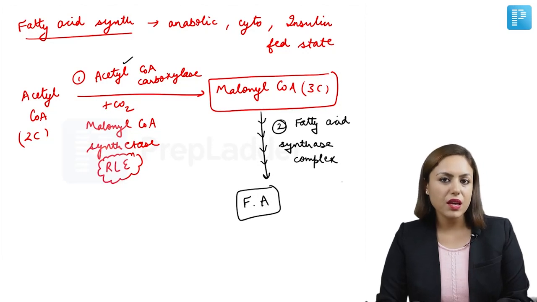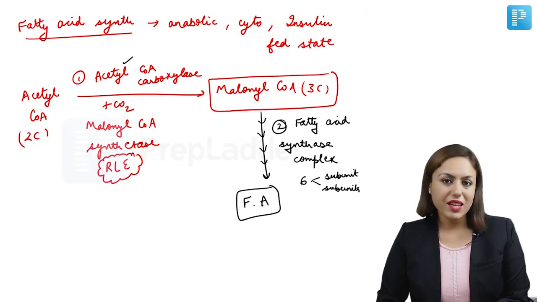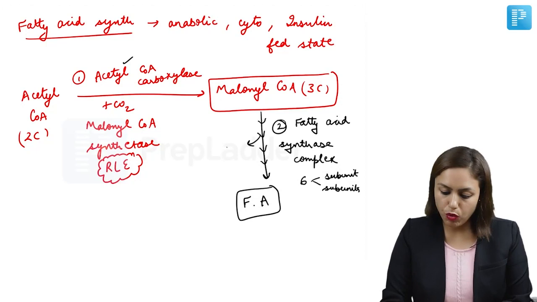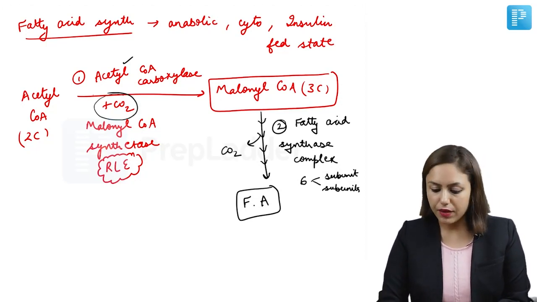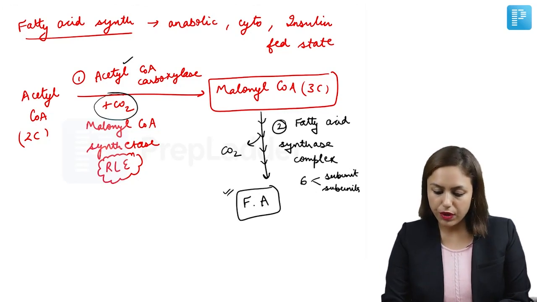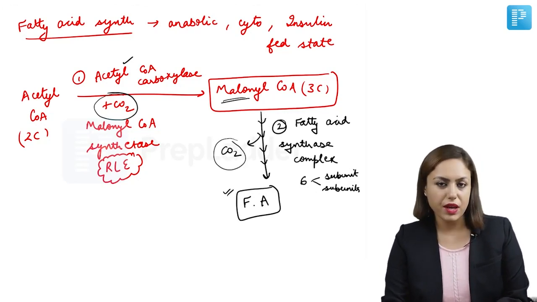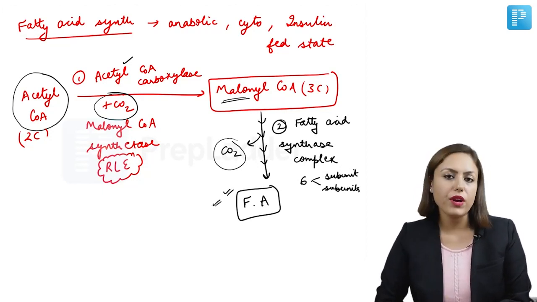Okay, fatty acid synthase complex. This is a multi-enzyme complex. There are 6 enzymatic activities in each subunit, and there are two subunits of this enzyme, right? And this enzyme, fatty acid synthase complex, will remove that carbon dioxide which was added by the first enzyme, okay? And the rest of the carbons will be put into fatty acids. So the extra carbon which was put in malonyl-CoA is removed by the second enzyme. So we say that fatty acid is synthesized from the carbons of acetyl-CoA.